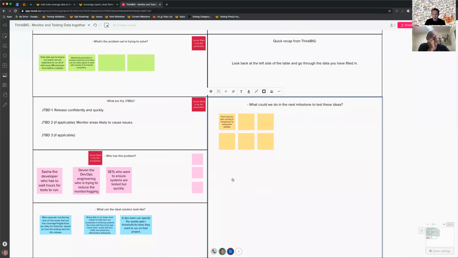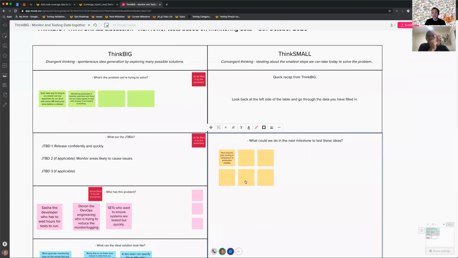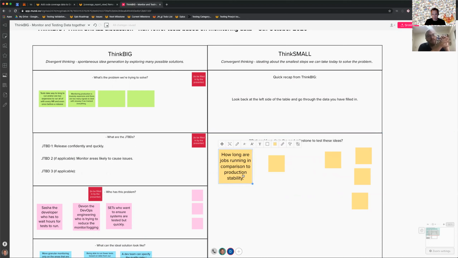Yeah, so my thought was very similar to what Jackie mentioned. First of all, to see some sort of a comparison, because we have an assumption, and our assumption is if your environment is stable, then you need fewer tests, or vice versa. But in order to prove this assumption, we need to have some sort of a comparison.